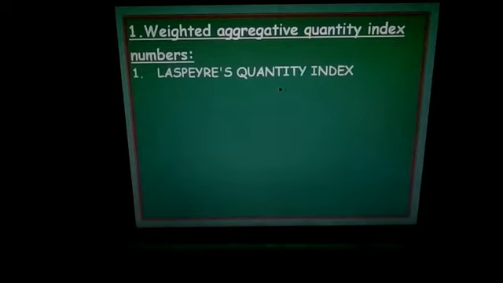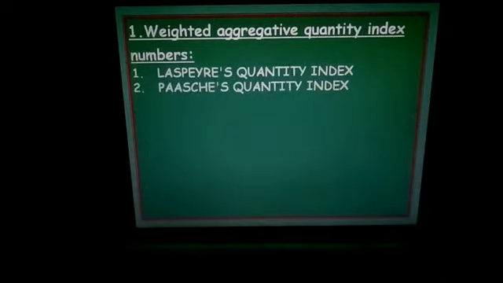See, quantity is being specified over here as quantity index. Then next, which has to be the index in serial? Try to recall, students, which has to be the next one. It has to be Paasche's quantity index. Then what should be the next? Try to recall and tell.